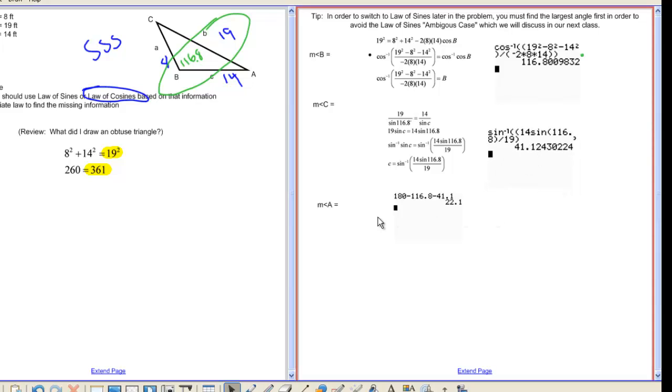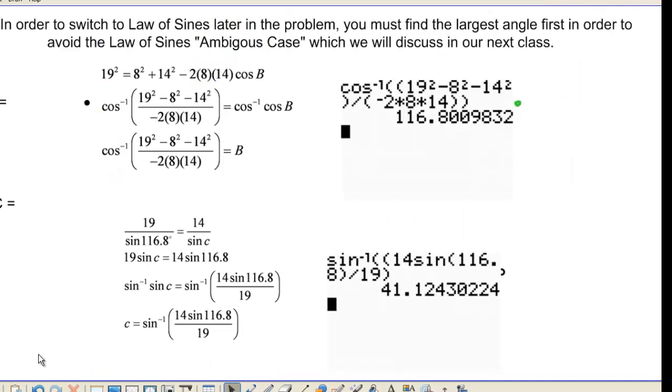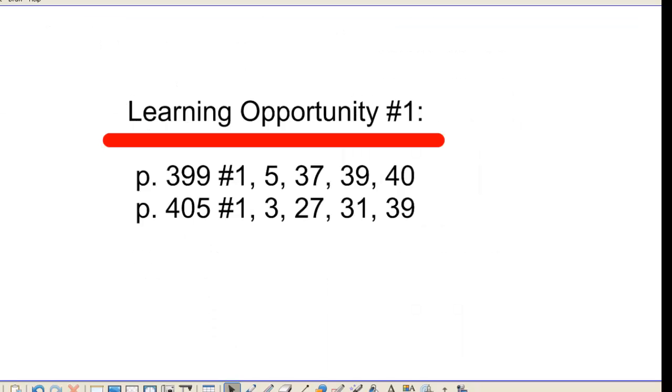And we get that it is equal to approximately 41.1 degrees. And then to find the measurement of angle A, I can add those up or subtract them from 180.